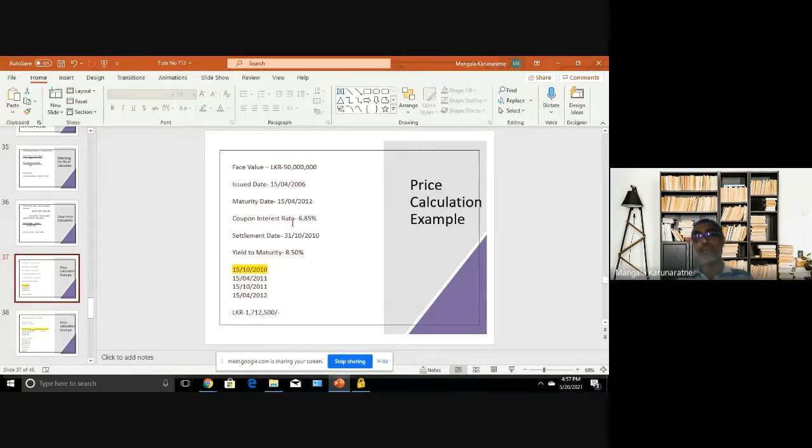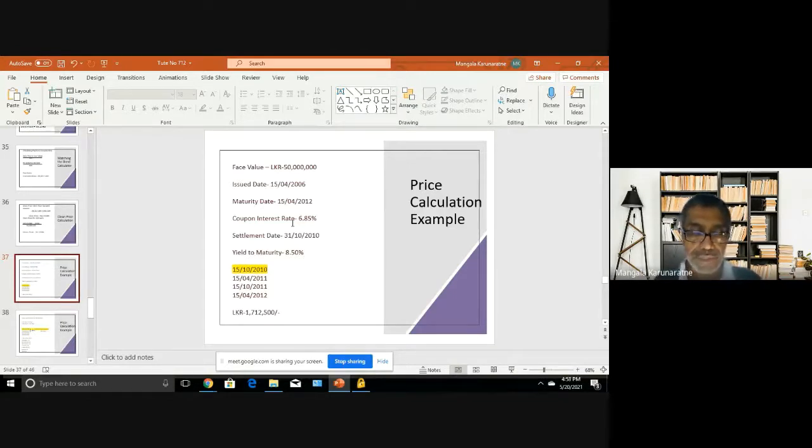So suppose, without thinking of this bond calculation and our trade, we think simply like a normal person who wants to invest in this bond. He will be getting 6.85 coupon, whereas he has the ability of getting 8.5 in the market, right?